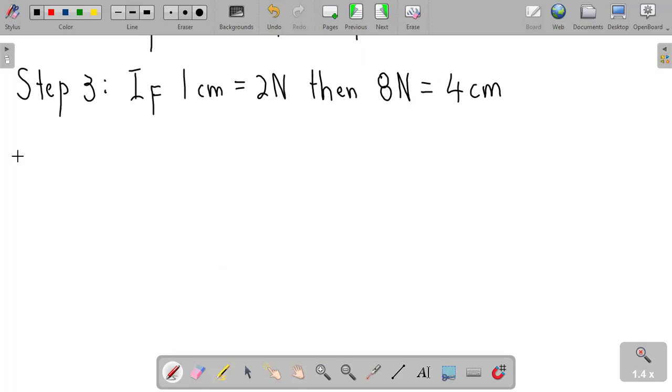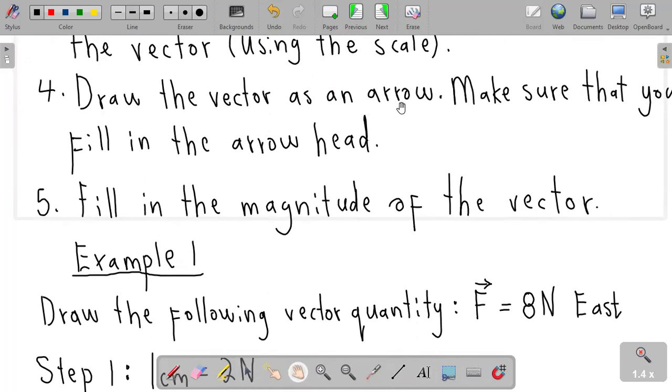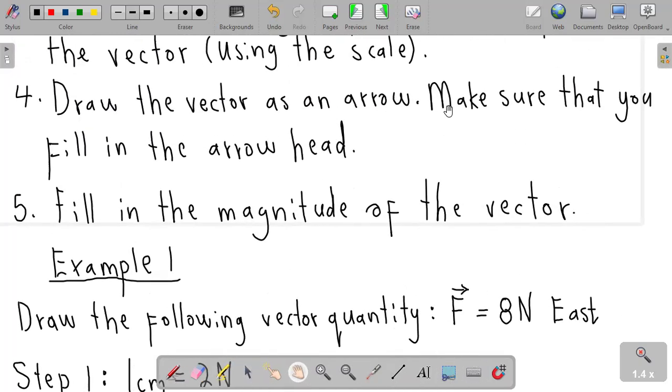And then step 4, what does it say? Remember that step 4, they say draw the vector as an arrow. Okay. Make sure that you fill in the arrowhead.